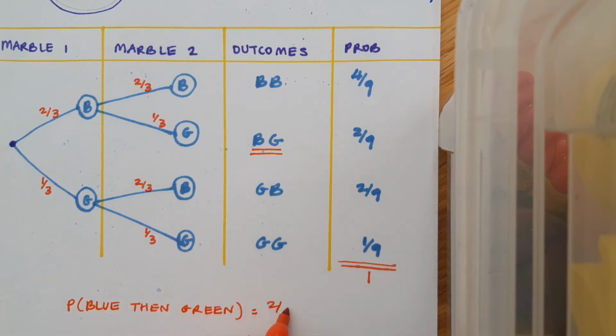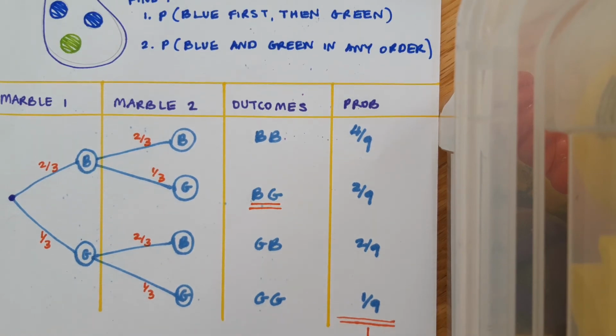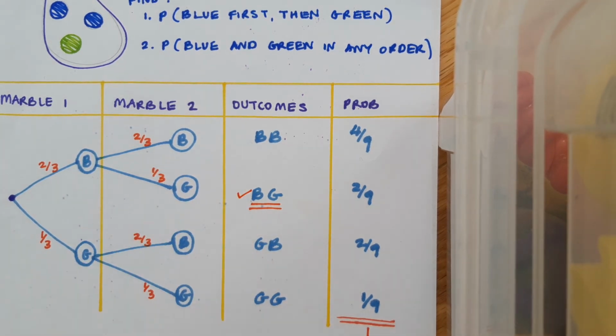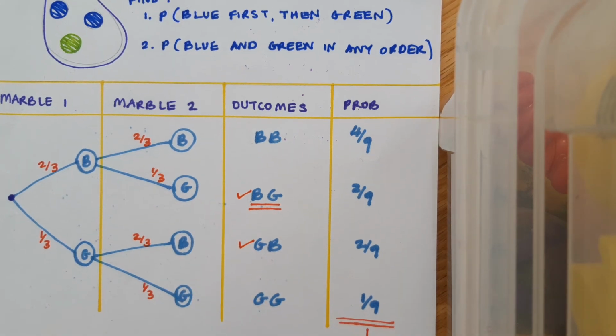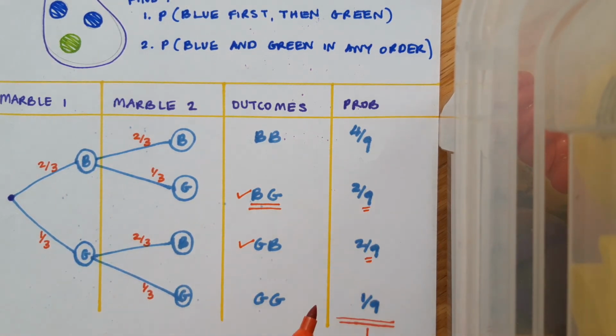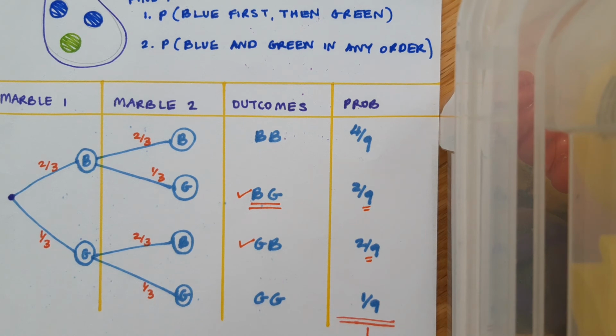And the second part of the question asked me to find the probability of blue and green in any order. So again, I'll go down through my list of outcomes and I'll select the ones that apply. So blue and green in any order, so this one still applies, but I could equally take this GB because I've got blue and green there as well. When I've selected those, I then go to their probabilities and I add any probabilities that go with the outcomes that I've selected.